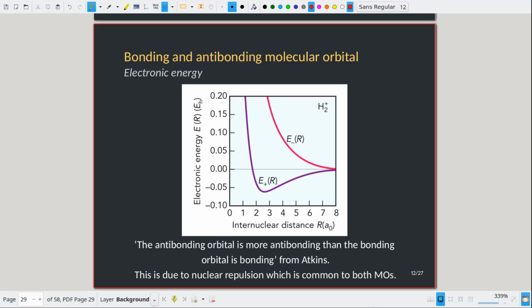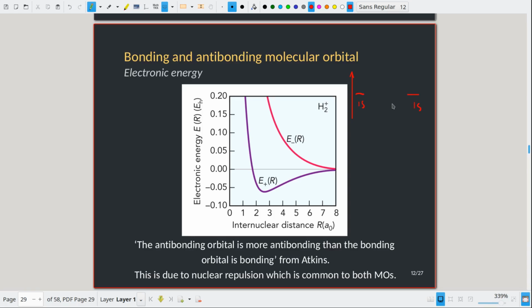So if I was to try and represent these on a certain energy axis, let's say that we've got energy going along that axis there, and here I've got one of the 1s orbitals, here I've got another one of the 1s orbitals.